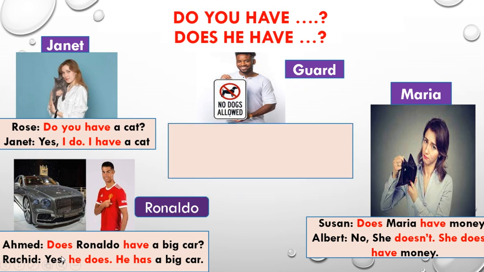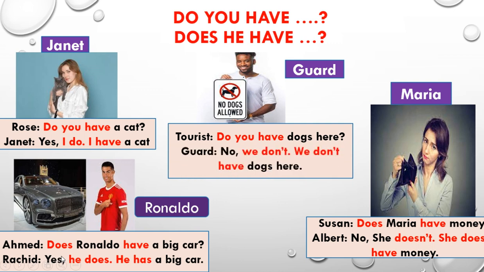And a tourist comes and asks him. Tourist means a visitor. The tourist asks the guard, do you have dogs here? Do you have dogs here? The guard answers, no, we don't. We don't have dogs here. No, there are no dogs here. We don't have dogs here.